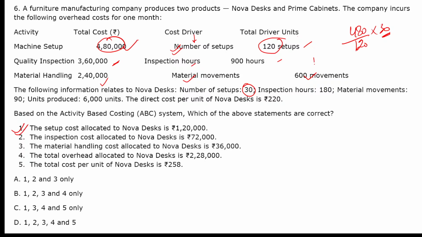120 is for the whole company. How much for one setup? 480 divided by 120. How much for 30 setups? 480 divided by 120 into 30. Simple. Basic unitary method. If someone did not get it, let me do it again for you.